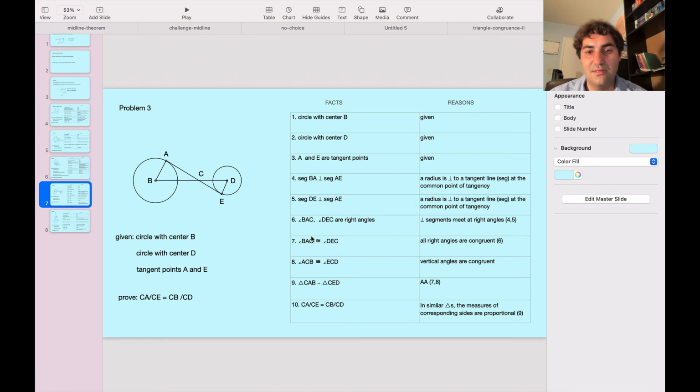So we can use the angle-angle theorem for similar triangles to get triangle CAB is similar to triangle CED, and therefore length of CA divided by length of CE is equal to length of CB divided by length of CD. In similar triangles, the measures of corresponding sides are proportional.